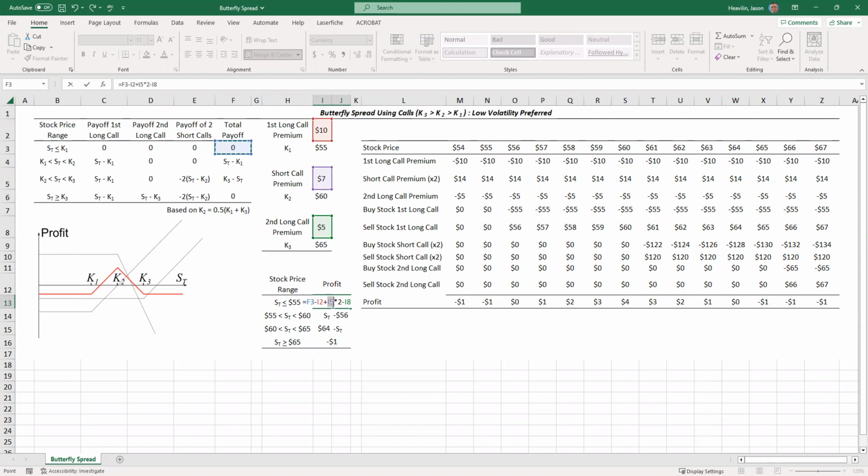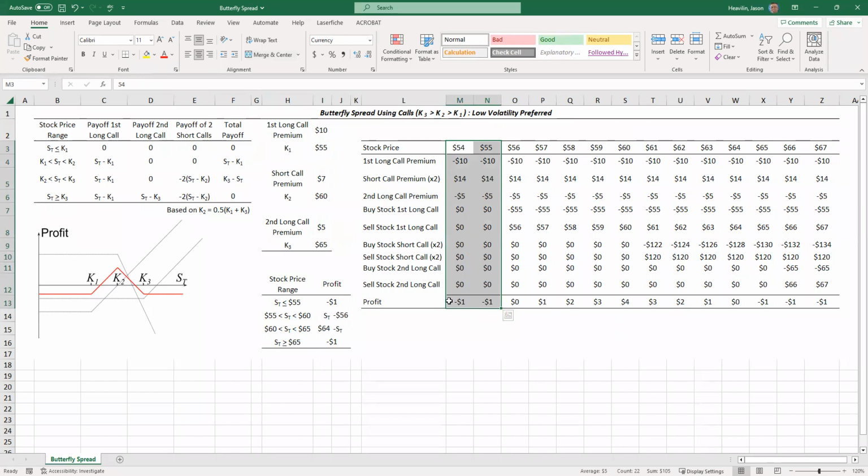But I have there multiplied by 2 because we did 2 of those. Minus the $5 you paid for the other call premium. So when you take all those together, you have a -1. And that's why on this range here, you have a -1 down here.